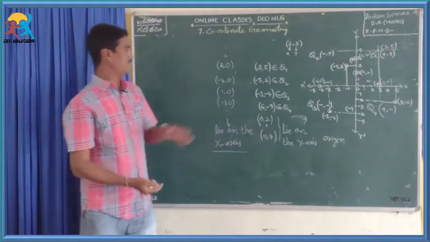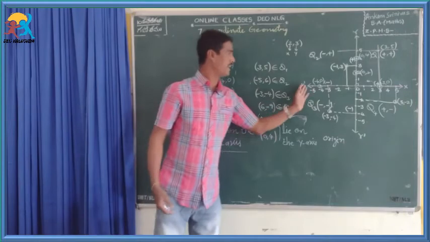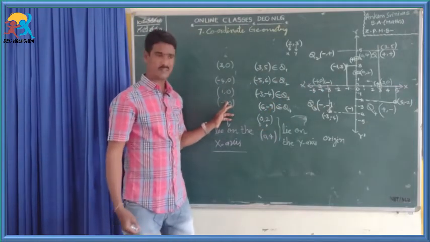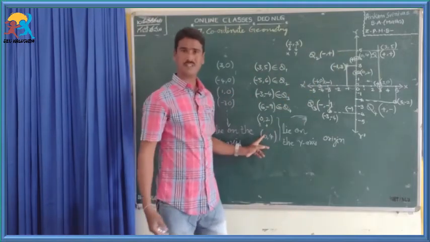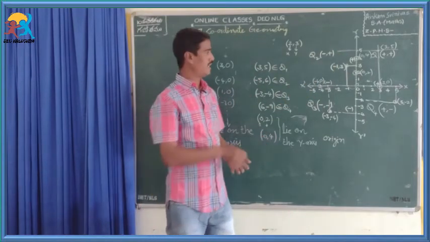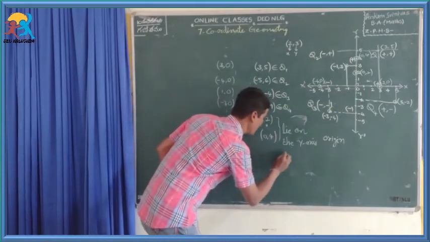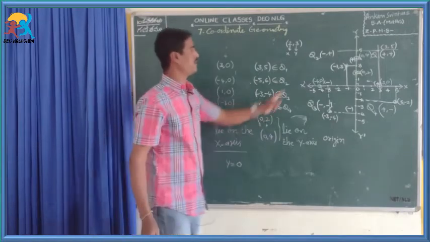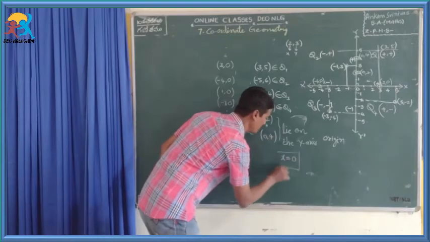So we can generalize: for points on the x axis, the y coordinate is 0, and for points on the y axis, the x coordinate is 0. We can say the equation of the x axis is y equal to 0, and the equation of the y axis is x equal to 0.